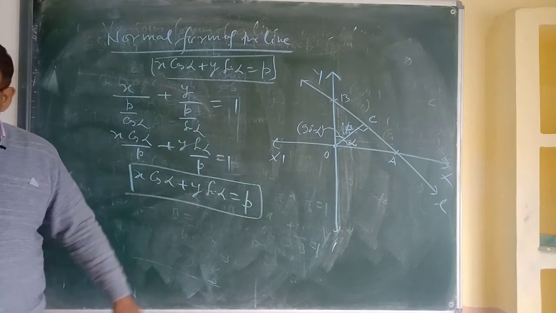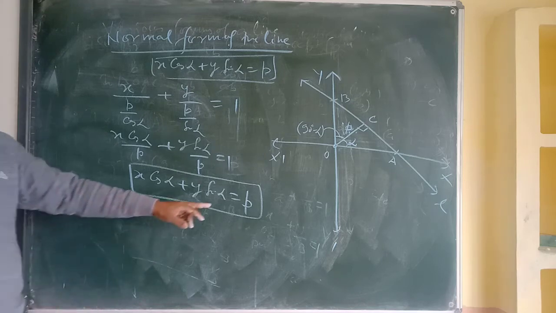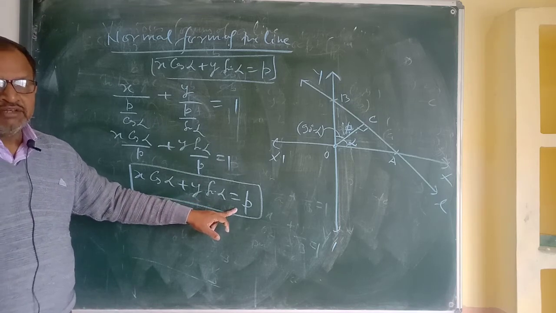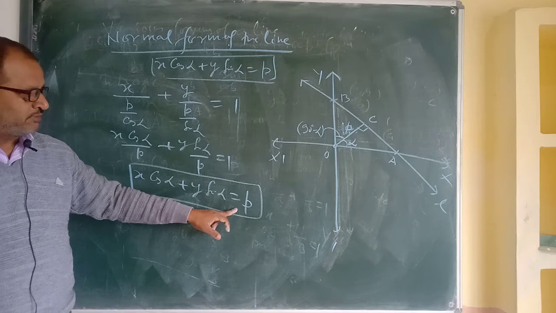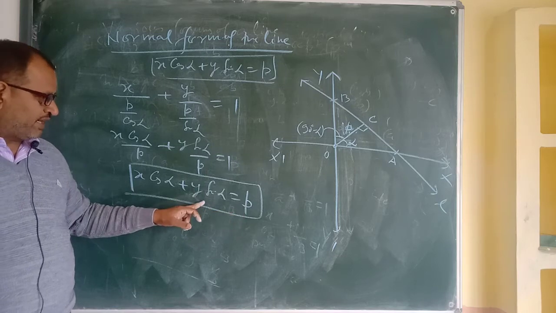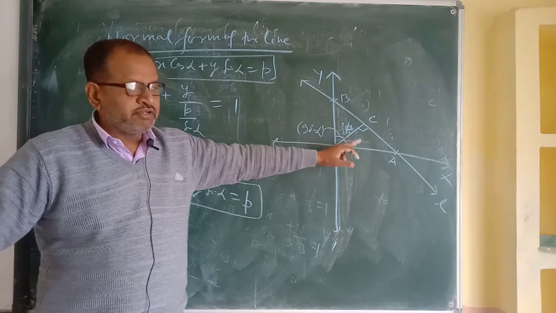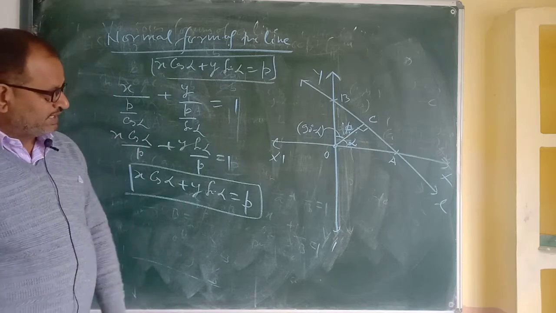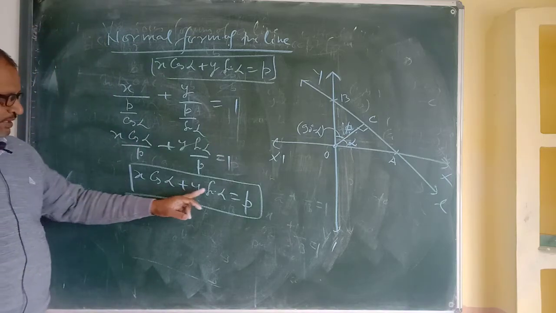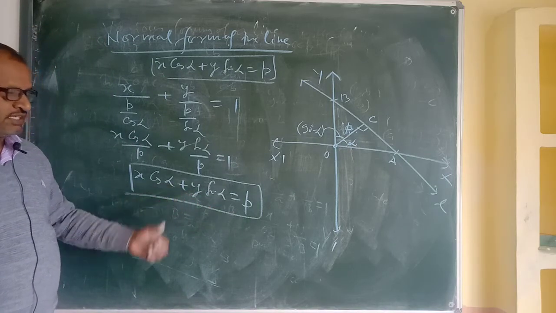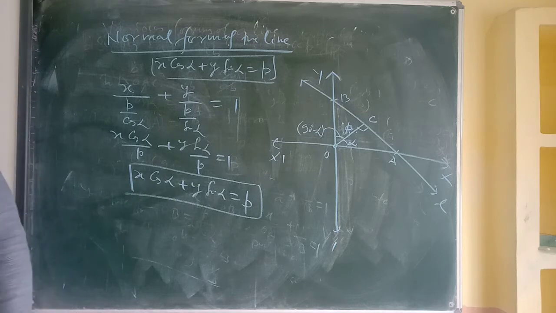This is the equation of a line in the normal form, where p is the perpendicular distance of the line from the origin. Alpha is the inclination of this perpendicular with the positive direction of the x-axis. If alpha and p both are known, we can write the equation of the line.